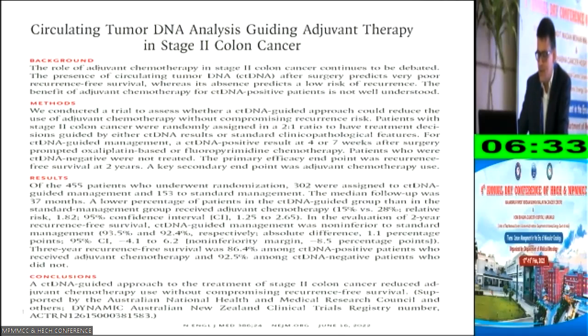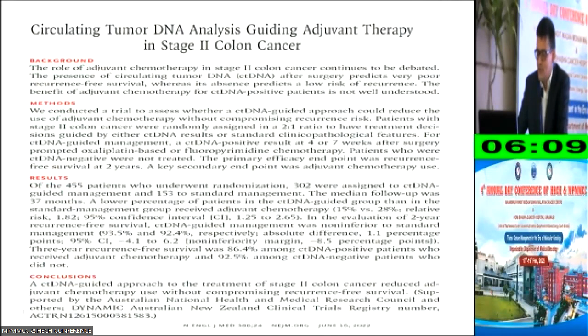302 were assigned to ctDNA-guided management, which is 2:1 randomization, and 153 went through the standard management. The median follow-up was 3 years. The ctDNA-guided group actually received less chemotherapy. If the patient was ctDNA negative, they did not get chemotherapy.